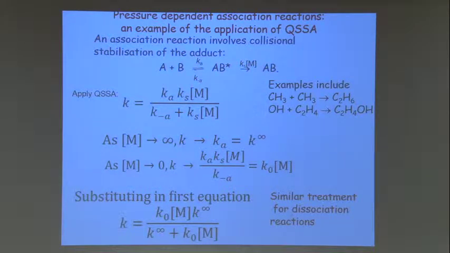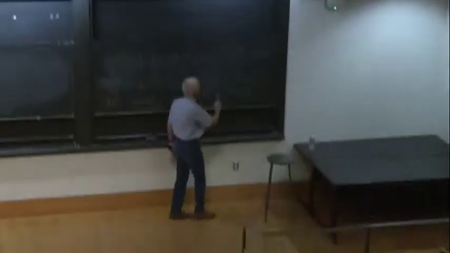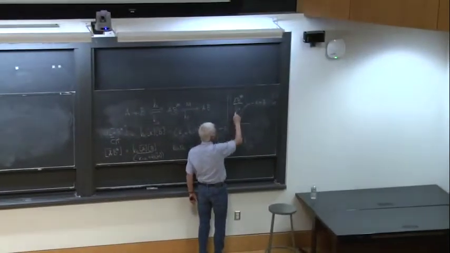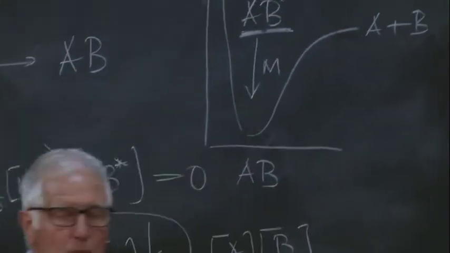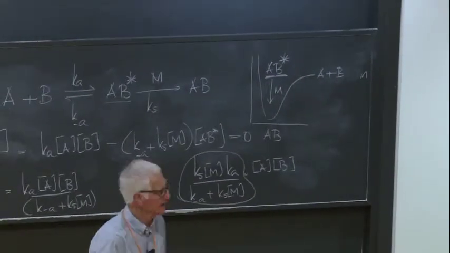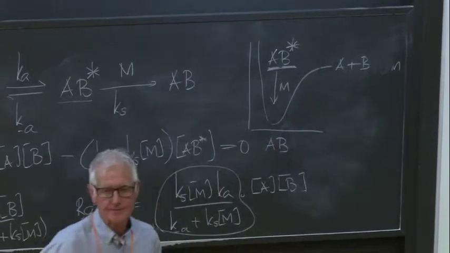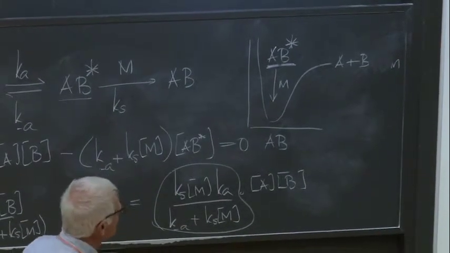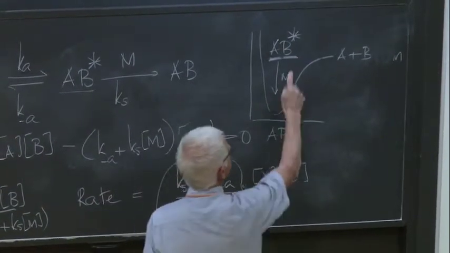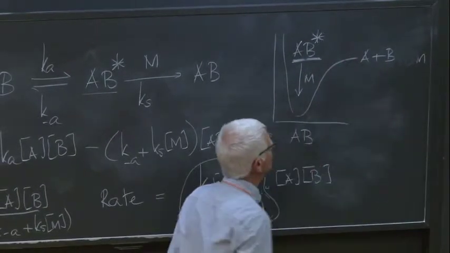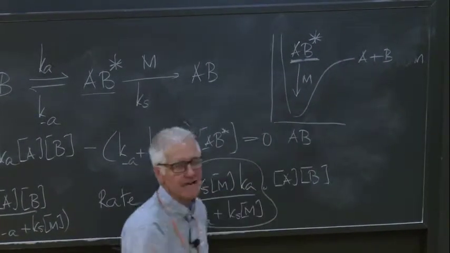Just thinking about it mechanistically, at high pressures, any AB star that's produced is deactivated because the pressure is so high. So the collisions of AB star are so rapid that there's no time for it to go back out and regenerate A plus B. And so the rate determining step is the reaction between A and B. On the other hand, when we go to low pressures, most of these AB stars are coming back out again, and only occasionally do they get deactivated.